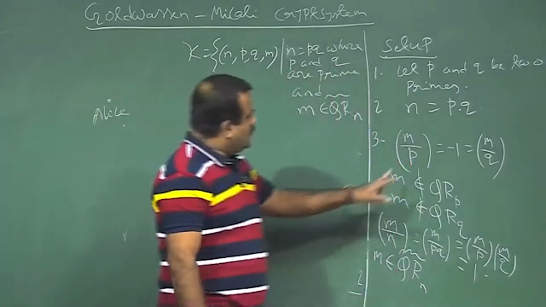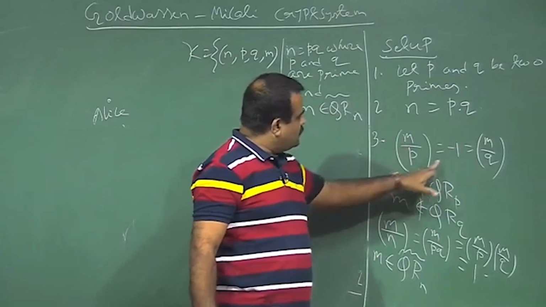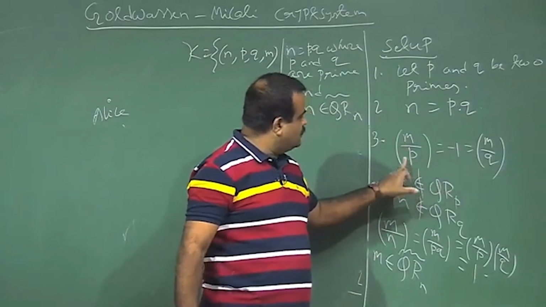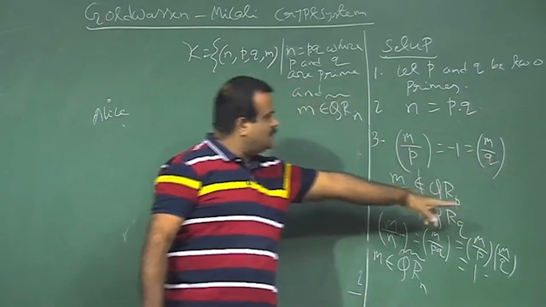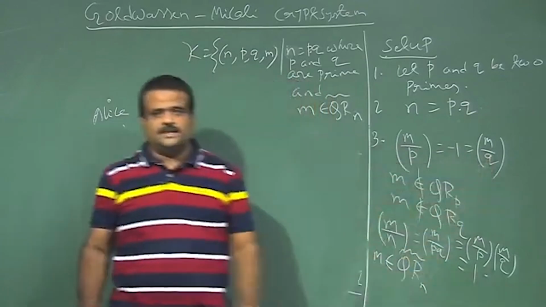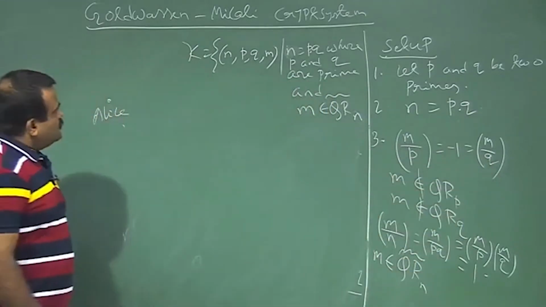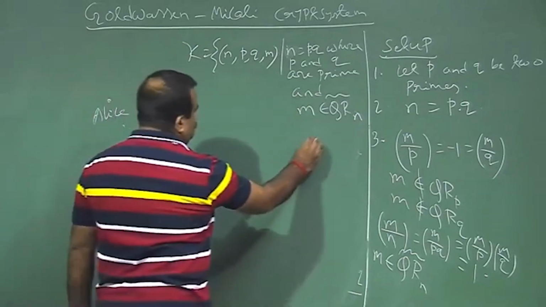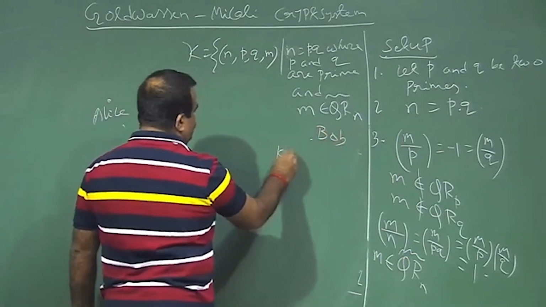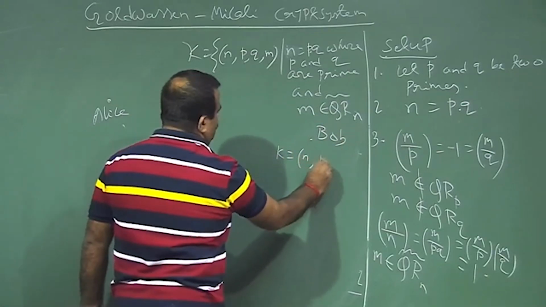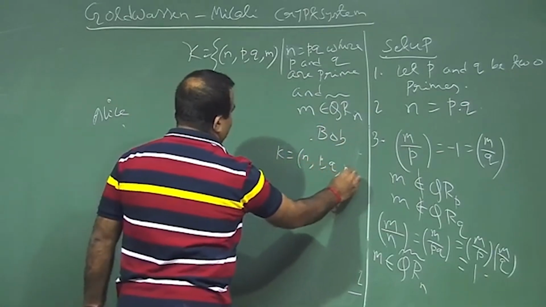That means M is chosen such that the Legendre symbol of M modulo P is -1, and the Legendre symbol of M modulo Q is -1. Okay, so this is the key generation, done by Bob, and the key contains N, P, Q and M.